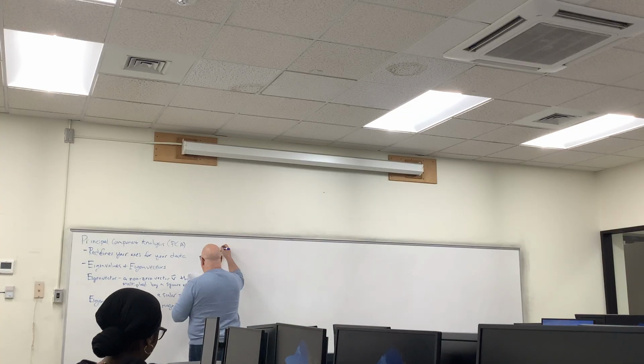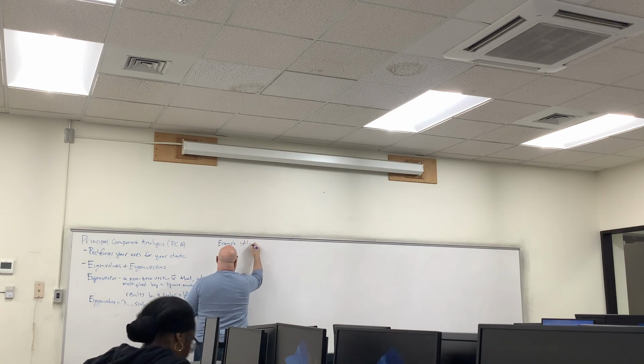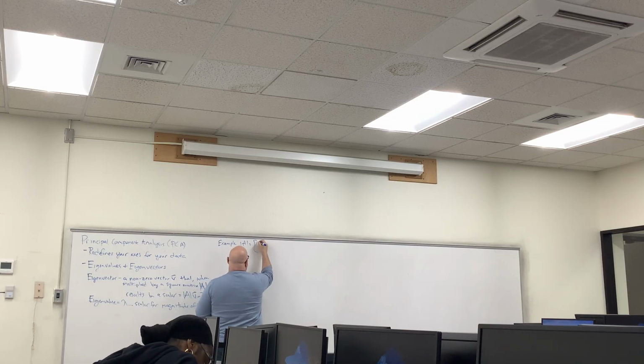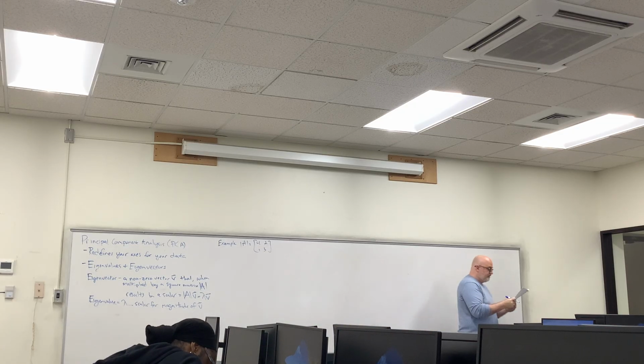So let's do an example. You're given a matrix A that has the form 4, 2, 1, 3. So it's a square matrix. It has to be a square matrix, right?